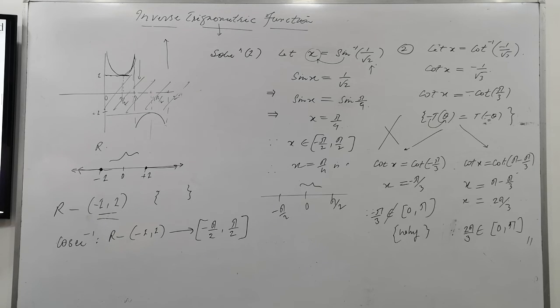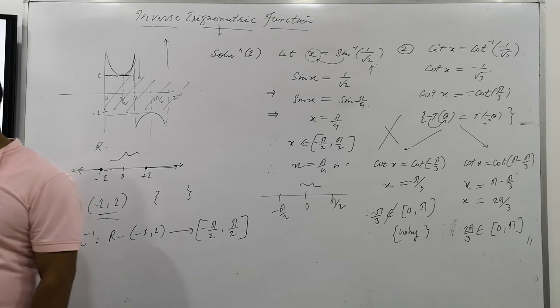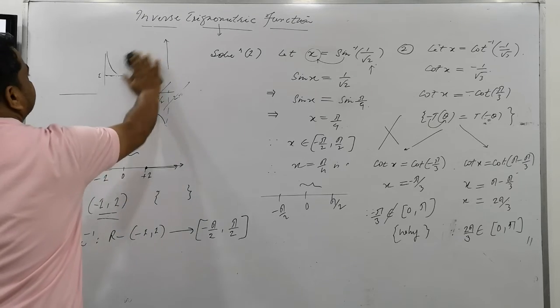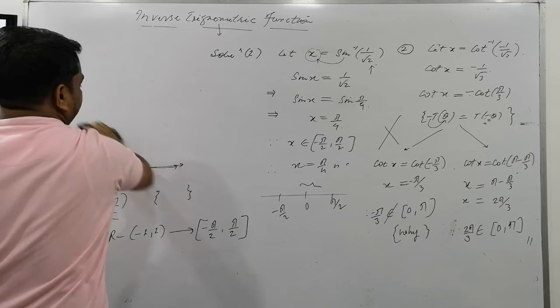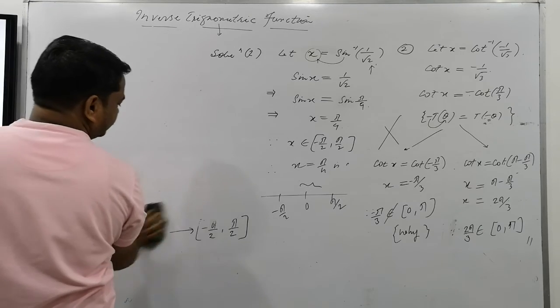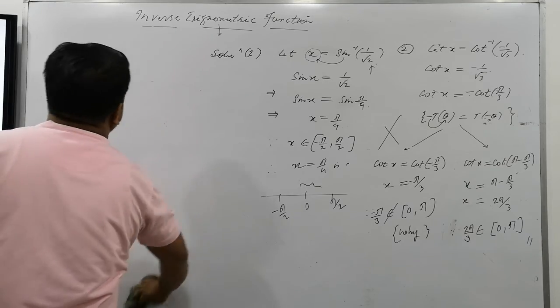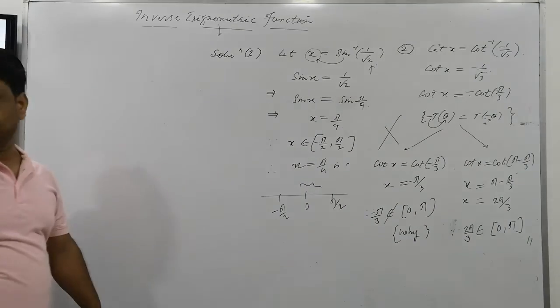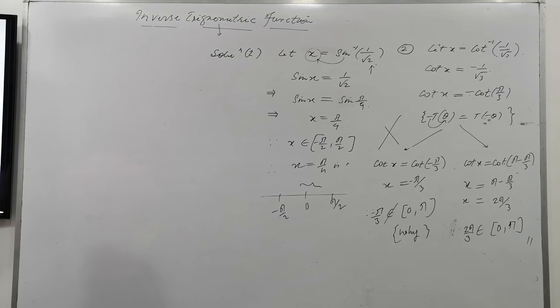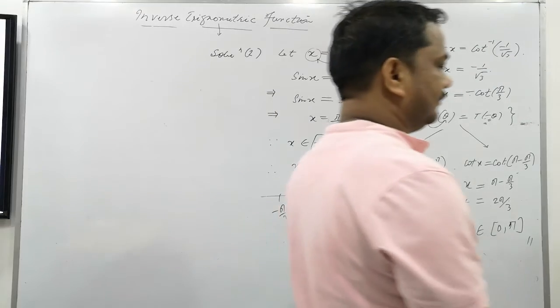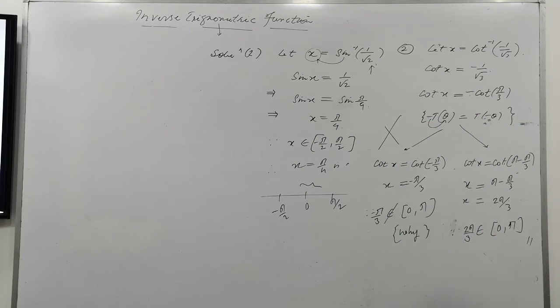Clear? Can you solve the questions in exercise 2.1? These questions I actually explained yesterday. I am repeating this lecture today. It is very important to learn the principal solution ranges for all 6 functions.